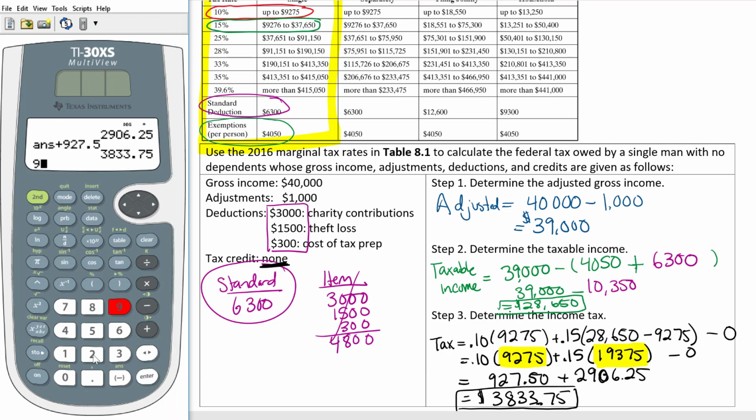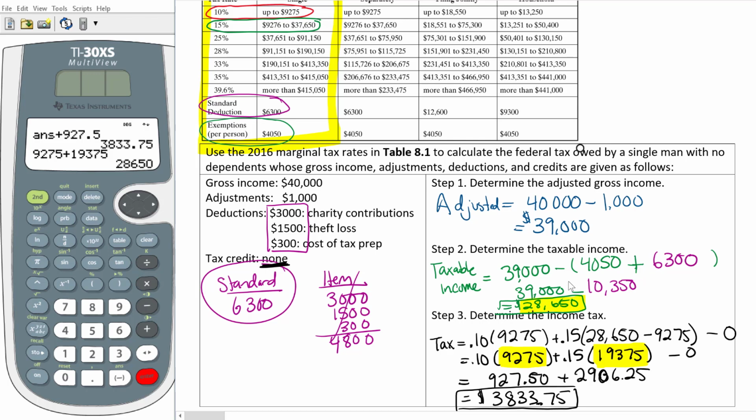So if you're trying to check your work and make sure that you subtracted off the right thing, if you take 9,275 and add 19,375 to that, it should equal the 28,650, which it does. So when you're breaking them up into the tax brackets, you're only taxing the range for each of the percentages. And so if you add up all of those values, you should get your taxable income.